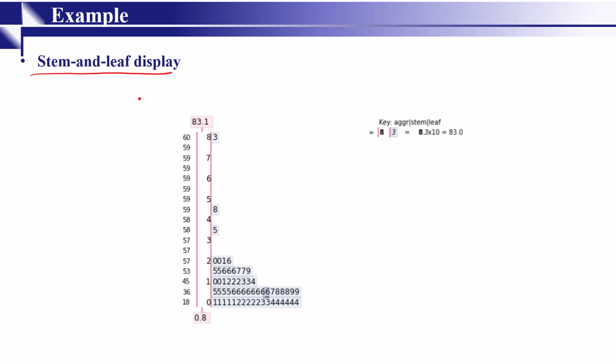This stem and leaf display is a kind of graphical method to organize and visualize numerical data. So it helps in understanding the distribution, shape, and patterns of a data set while retaining the original data values.